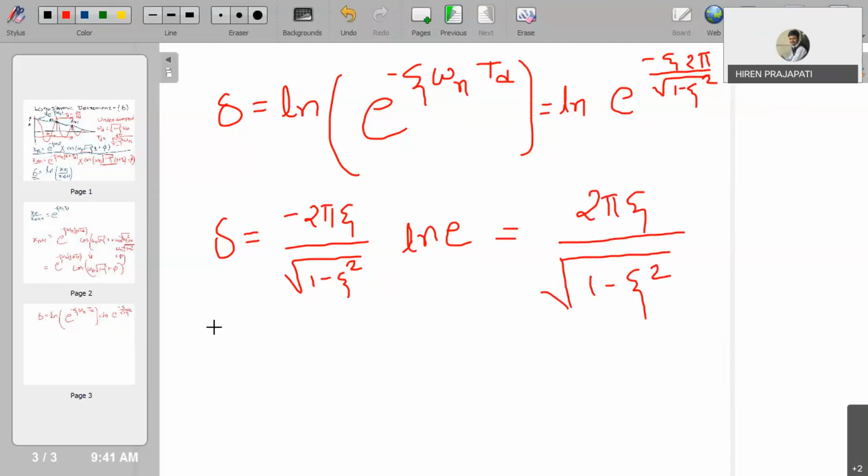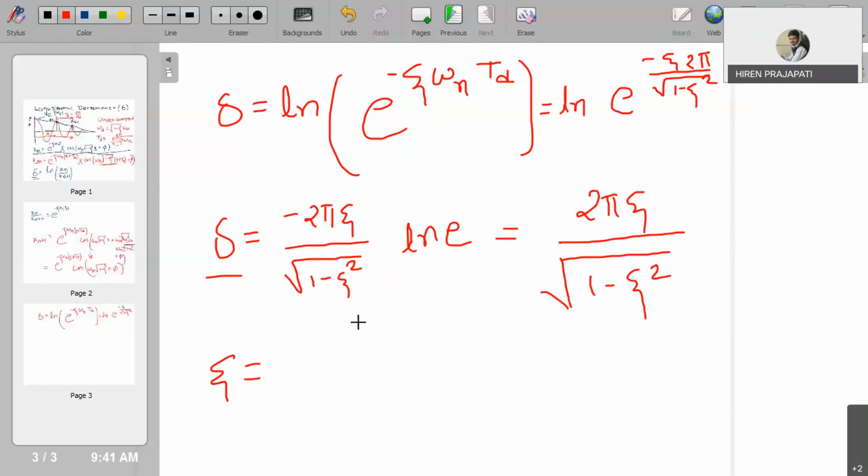And now suppose I want to find out zeta from the logarithmic decrement, then I write this equation in the form of zeta. Then I need to take the square of this side as well as this side to remove the square root.